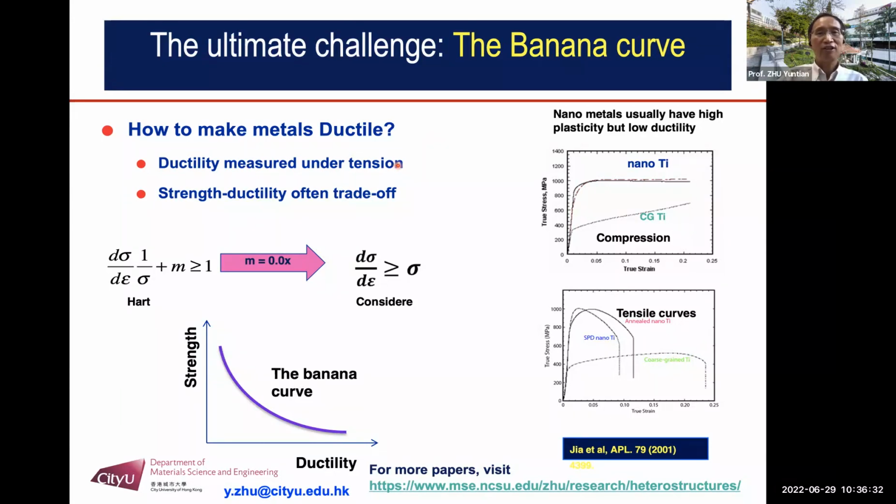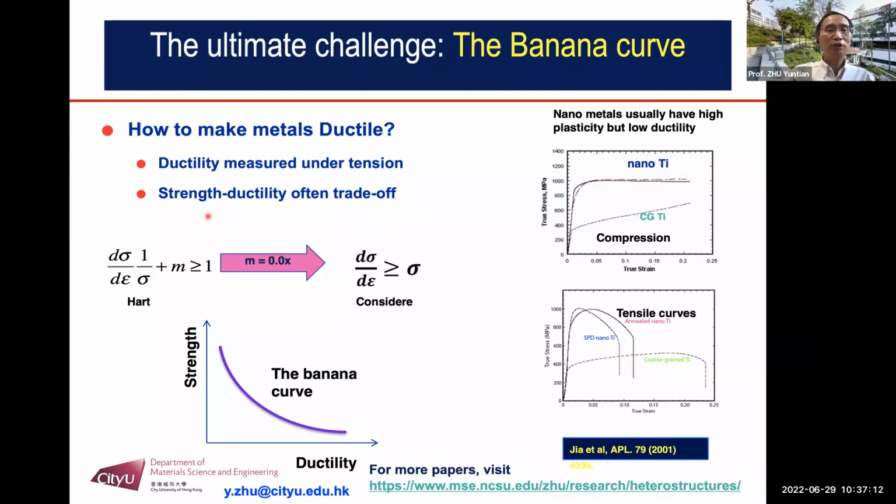We often have people asking, how do you measure ductility under compression or under other deformation modes? No, you cannot measure ductility using any test except under tension, by definition. When you measure under tension, there's always a strength-ductility trade-off. This is because under tension, the sample will become unstable. We call that necking before it fails.